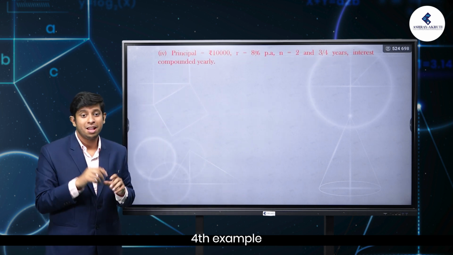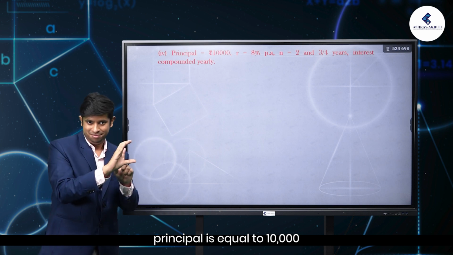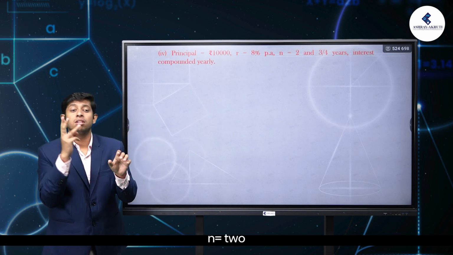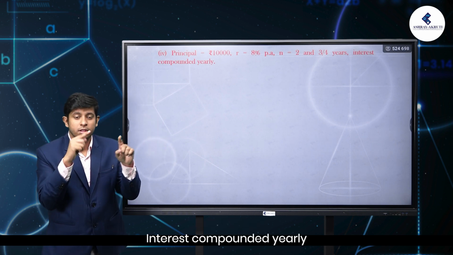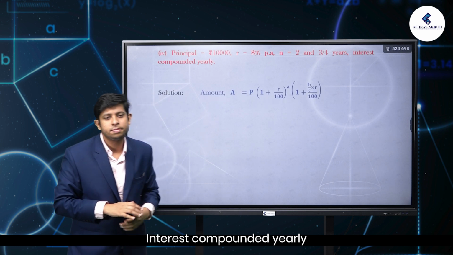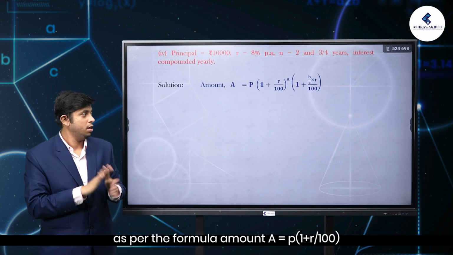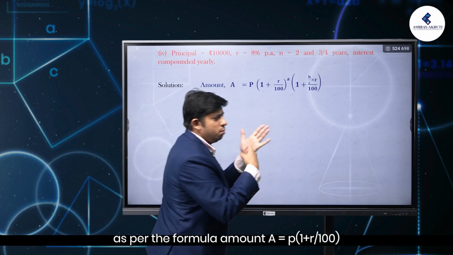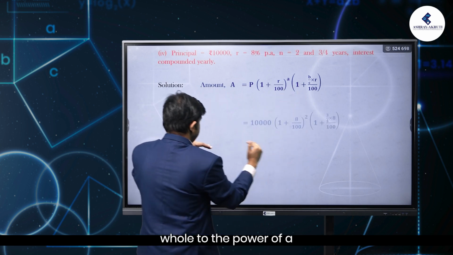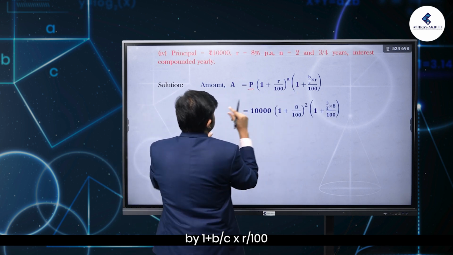Fourth example, principal is equal to rupees 10,000, R is equal to 8% per annum, N is equal to 2 and 3 by 4 years, interest compounded yearly. Solution. As per the formula, amount A equals P of 1 plus R by 100 whole to the power of a, into 1 plus b by c into R by 100.